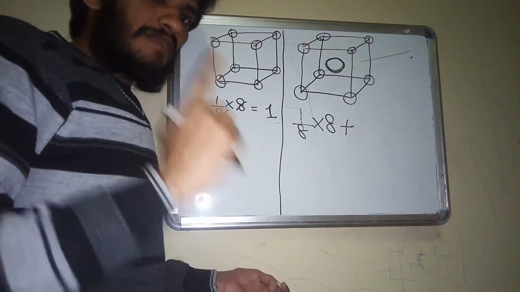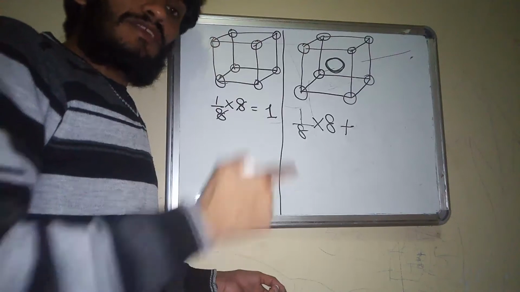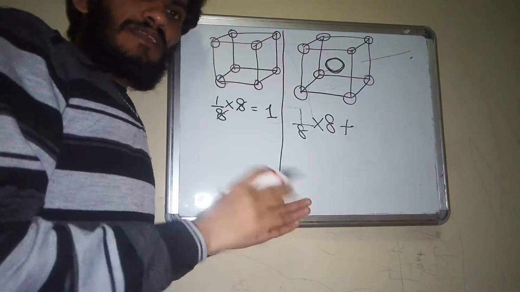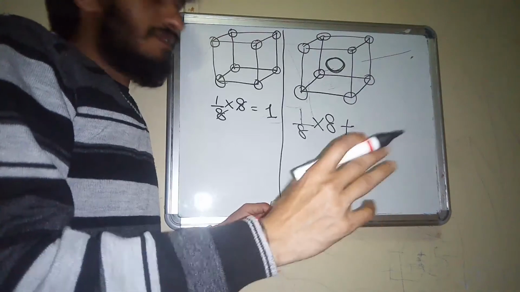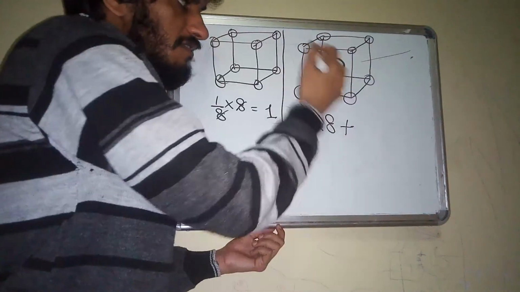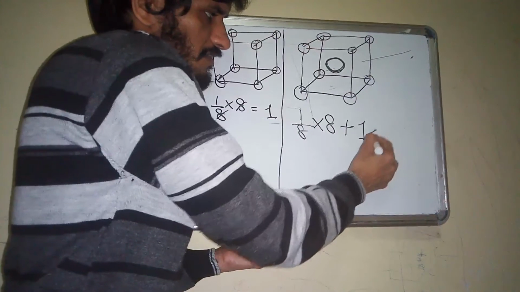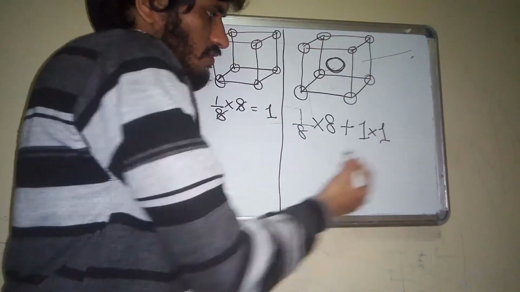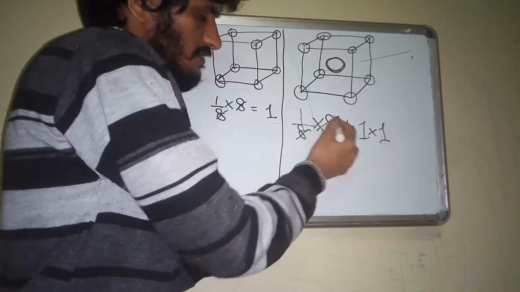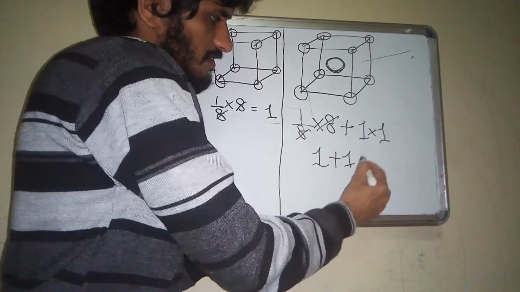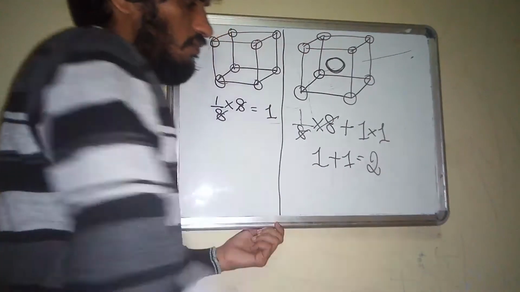Only 1. It completely belongs to this body centered unit cell. It is not going to be shared by any adjacent unit cell. That means the contribution of this atom is completely 1 into 1. So totally, 8 times 1/8 is 1, and 1 plus 1 is equal to 2.